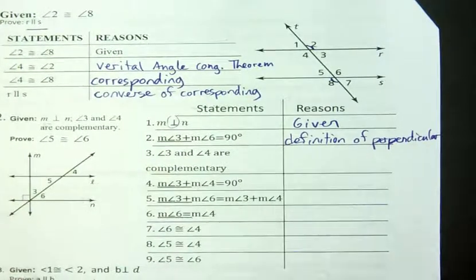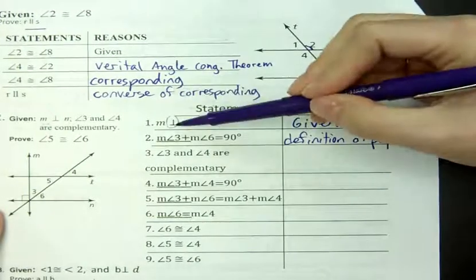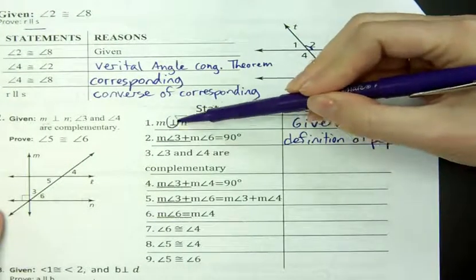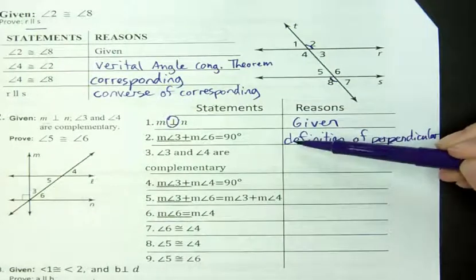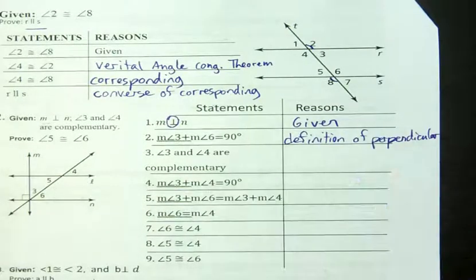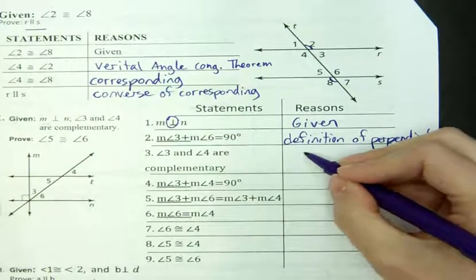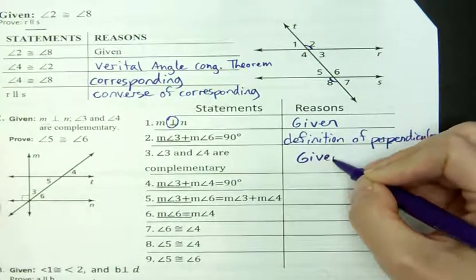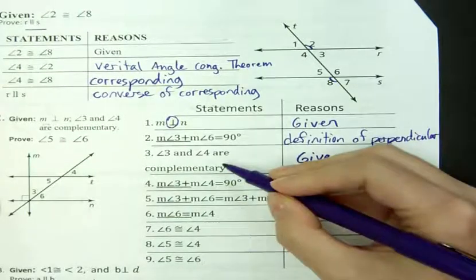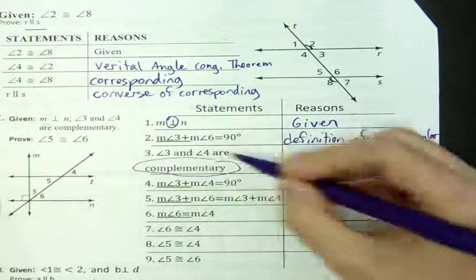Okay, so just remember, those of you who struggled with proofs last time, if I have a symbol like this or a word like complementary, supplementary, I'm going to define it. All right, what's number 3? So that's given, and then, like you said, number 4 is where we just define that word, right? So complementary means they add up to 90.